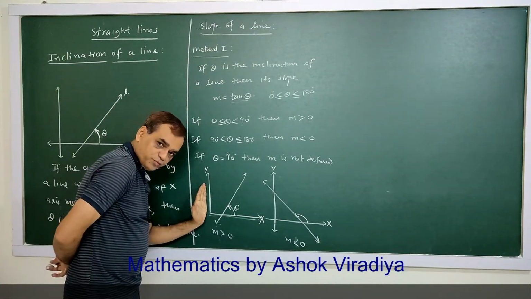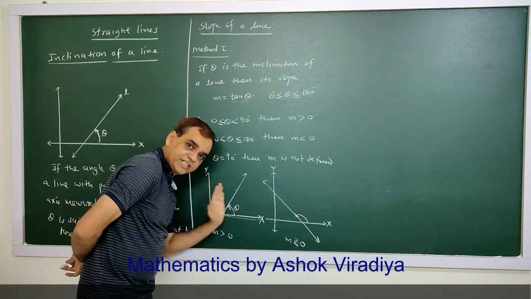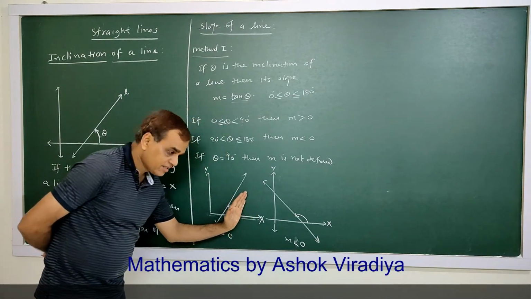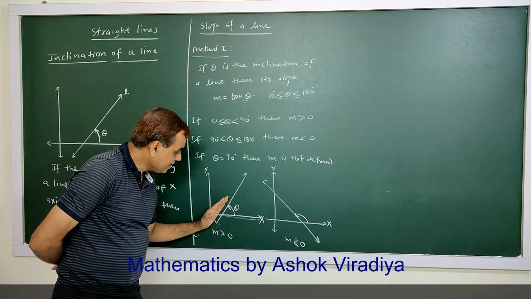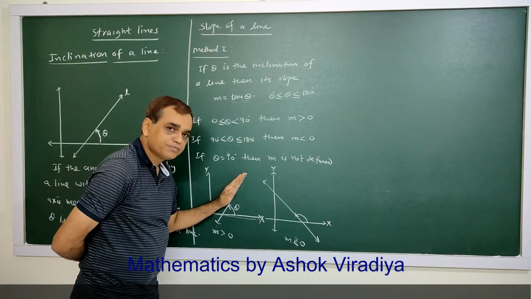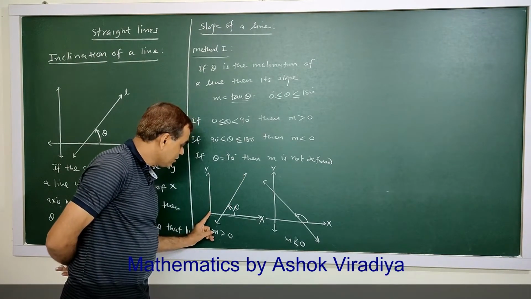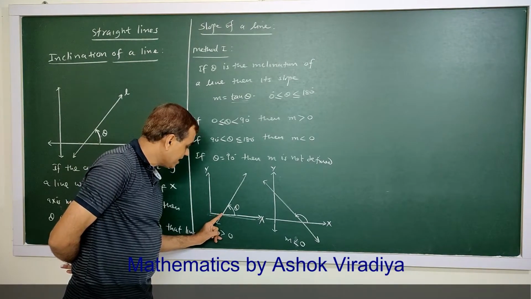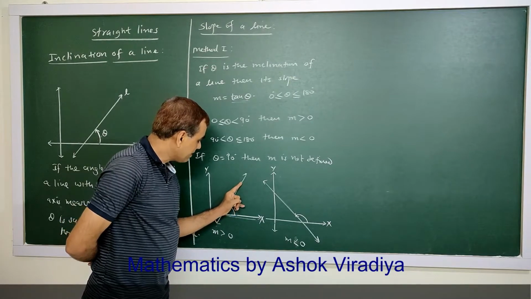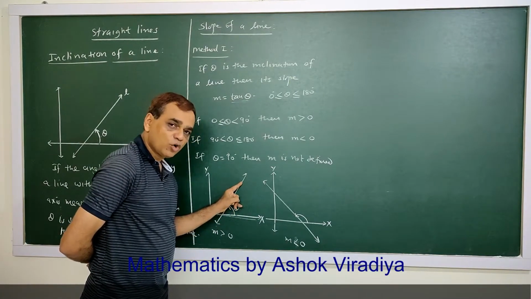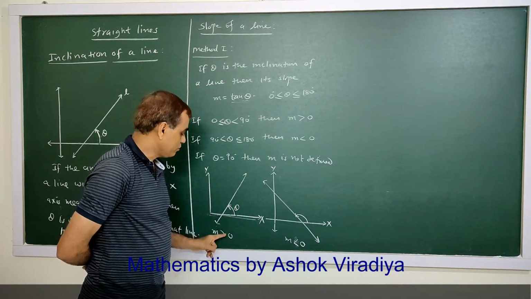When you move from left to right, if the line is going up, that means the slope is positive. Moving your finger from left to right, if your finger is going up, the slope is positive.